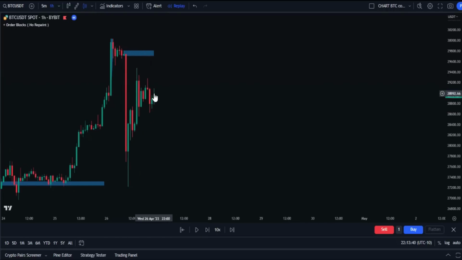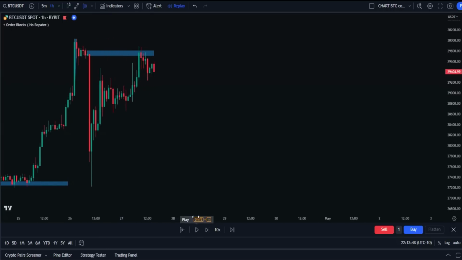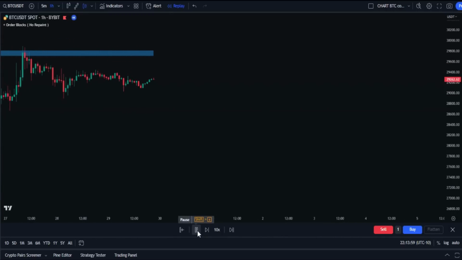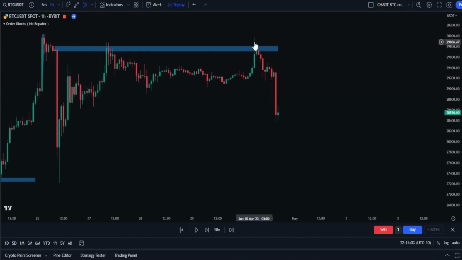And now, after a few candles, we see the order block area has appeared again, and this means that at this level, there are many pending sell orders. Here we see a clear rejection, and we see the candles bouncing down. And here, we see a repetition of this rejection and also the price bouncing down again.